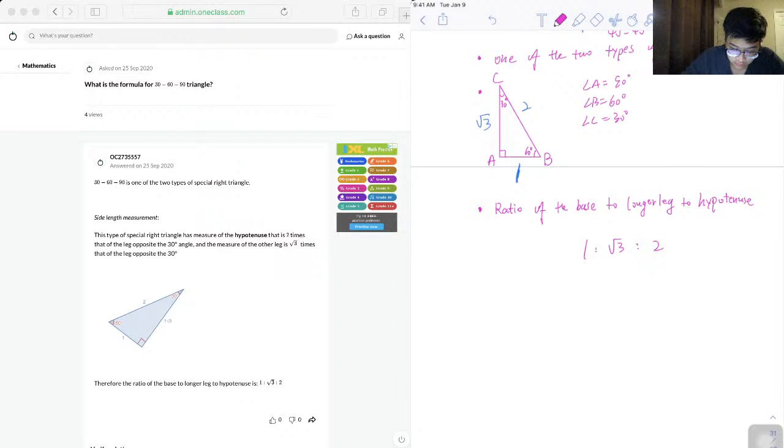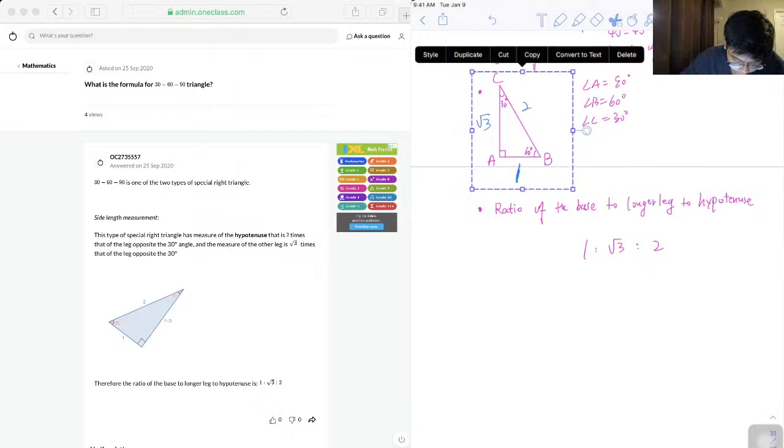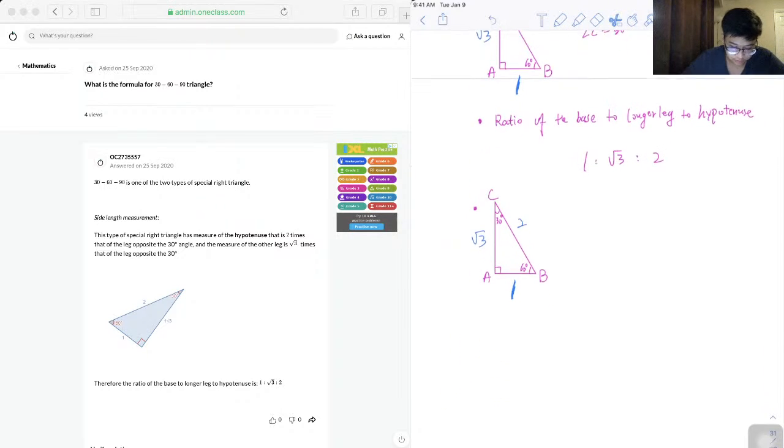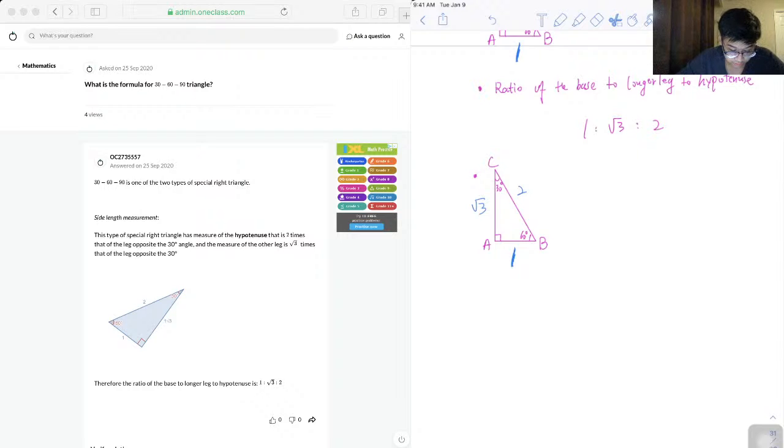Oh, and the other thing I need to mention is that it doesn't necessarily have to be a fixed 1, 2, and root 3. We can multiply each side by the same number and it will maintain the property.